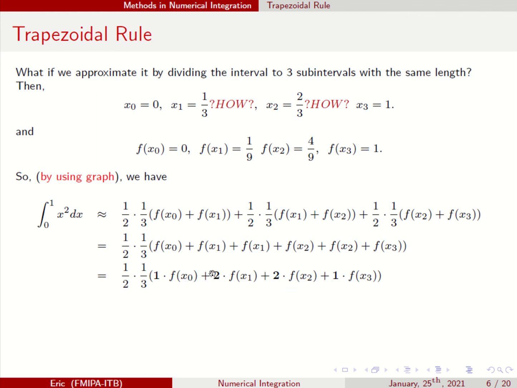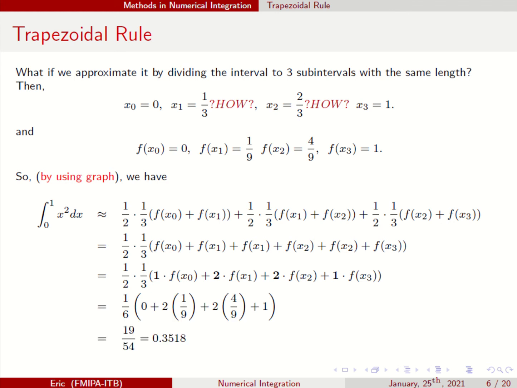How do I get this? Because f(x1) is counted twice, since it belongs to the first trapezoid and the second trapezoid. The same for f(x2), it belongs to the second and the third. So I can use this, and I have the approximation.